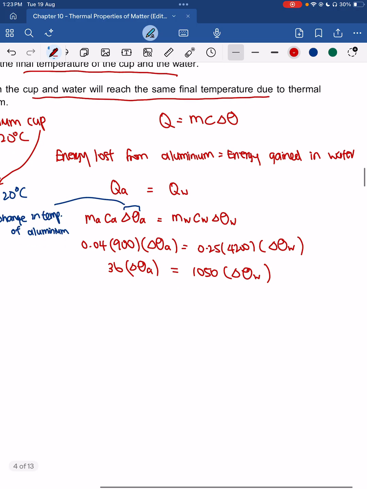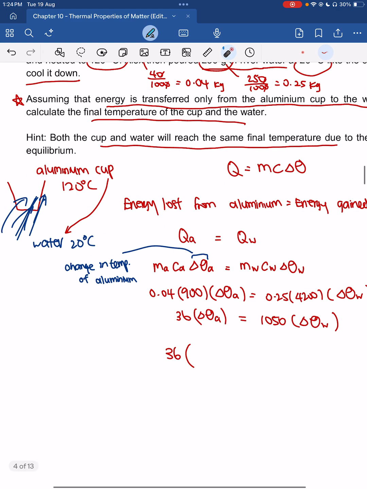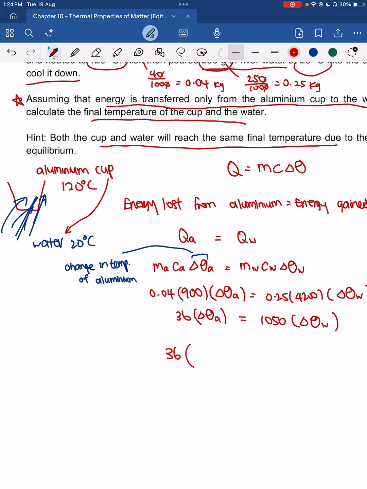Now, let's break the change down. Because this is the energy loss by aluminium, will the final temperature be lower than 120 or higher? It should be lower.